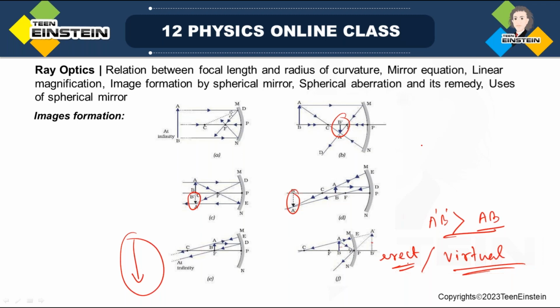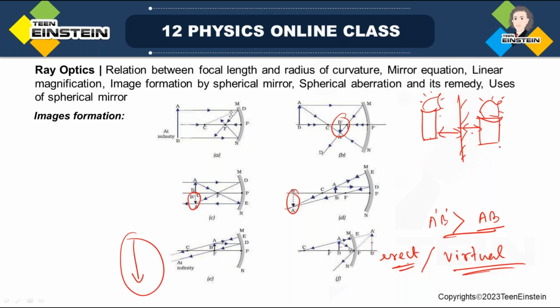Okay, in a plane mirror, there will be lateral inversion, but it will be an erect image. So in case of a plane mirror, the image is formed behind the mirror at equal distance.